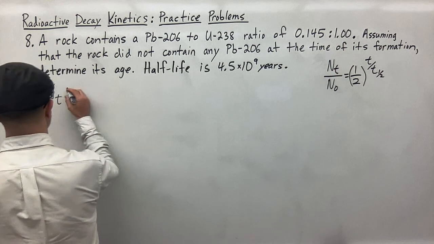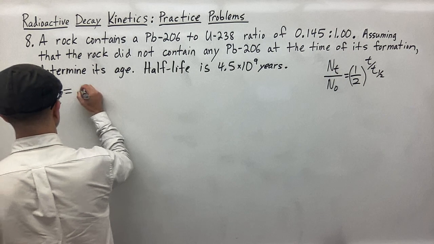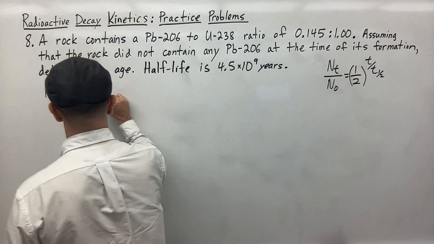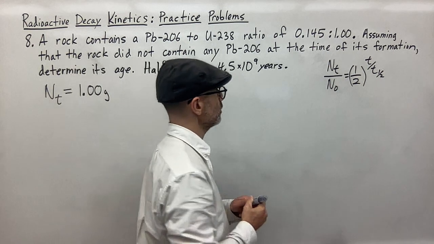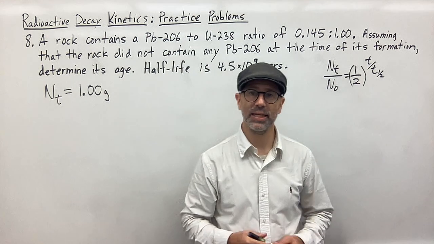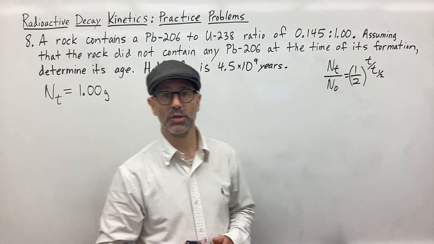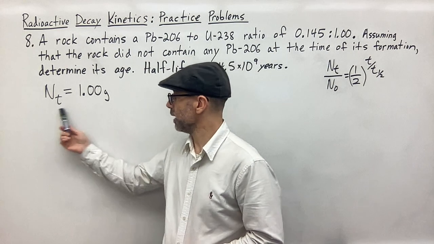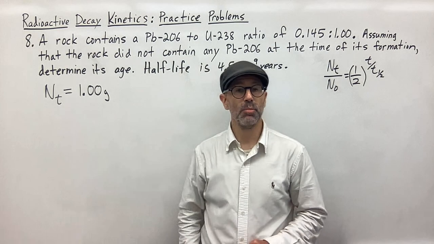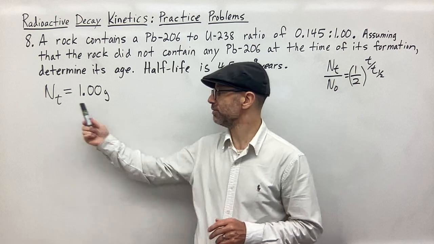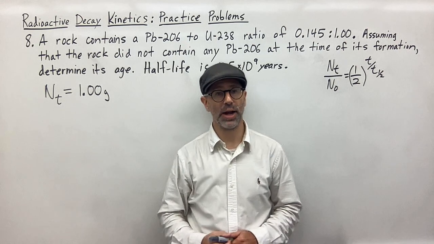That is the amount at time t, so we'll write 1.00 grams. Now what we need to find out is the original amount. So how do we find the original amount? Because some of the original amount decayed, we don't have it. All we have is 1.00 grams left.